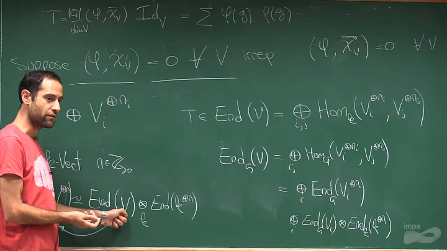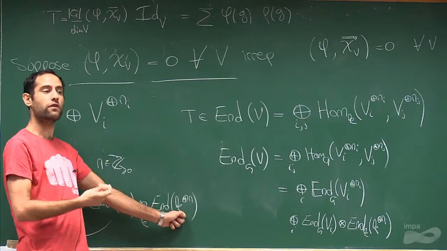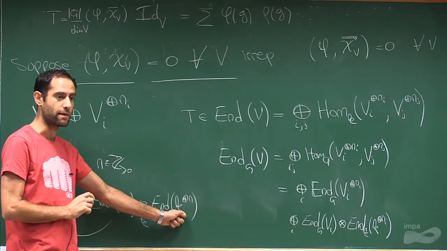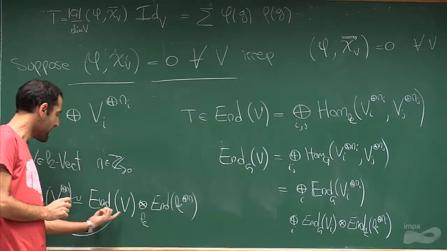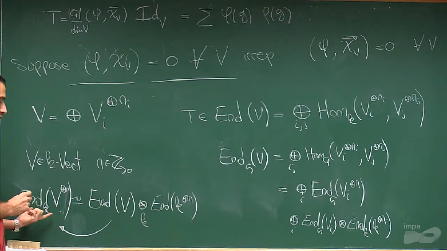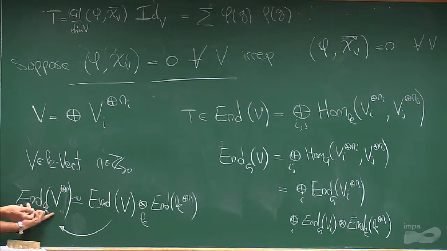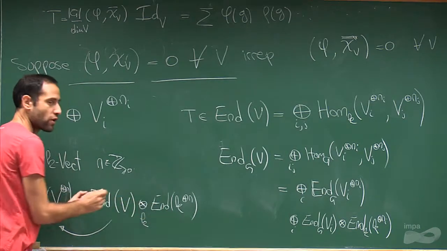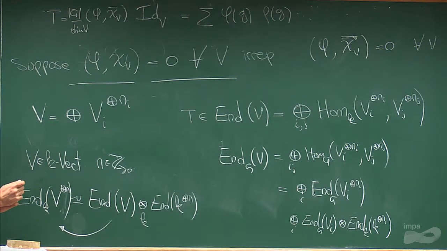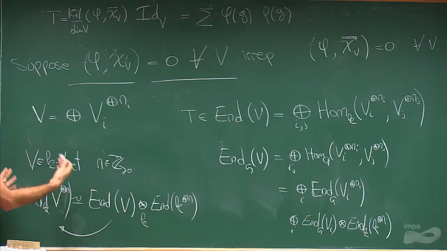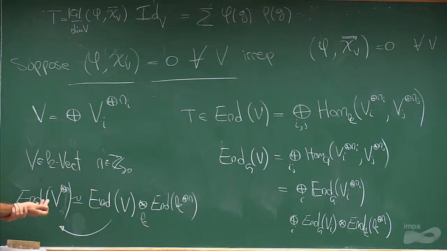V itself is a representation of G, and this is the trivial representation of G, K times, n times. So endomorphisms of V is the same representation that I'm using here, and this is the tensor product of representations. Therefore, this isomorphism is an isomorphism not only of vector spaces, but of representations of G.